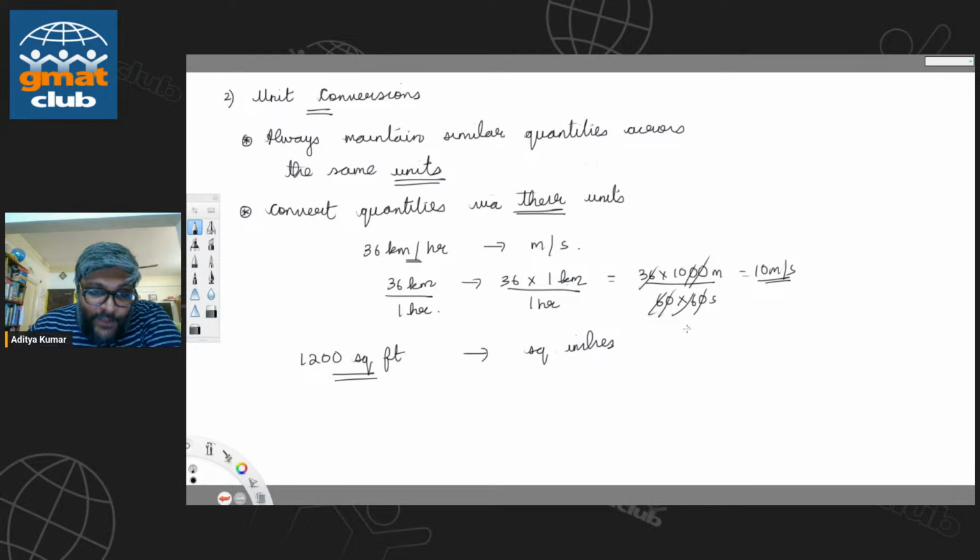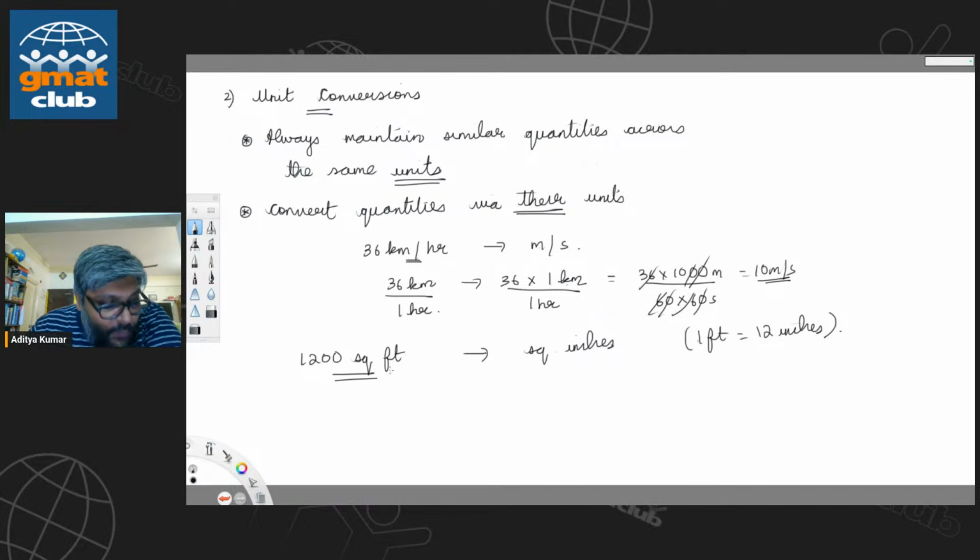And I give you the conversion that 1 foot is 12 inches. Now, how would you make this conversion? I see many test takers make this mistake. They'll say 1200 square foot to square inches, so they'll say 1200 into 12. Right? Because 1 foot is 12 inches, and then they would write down the answer.